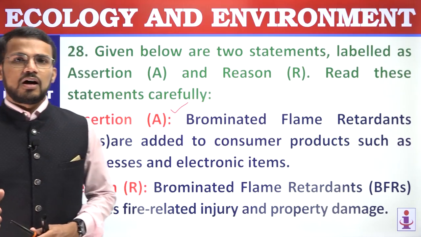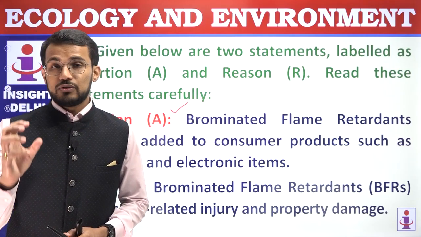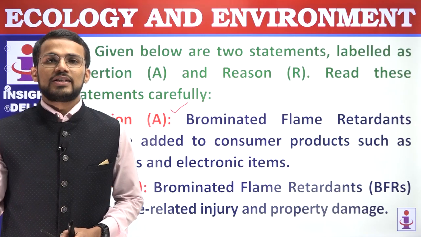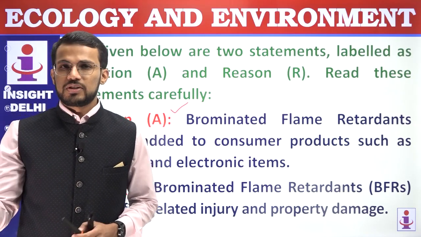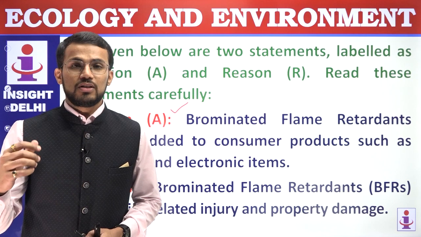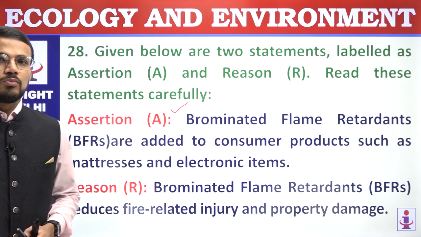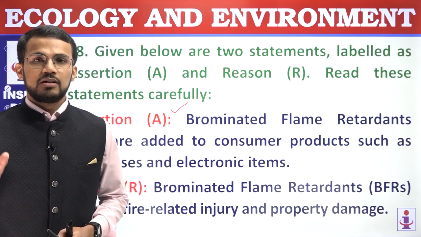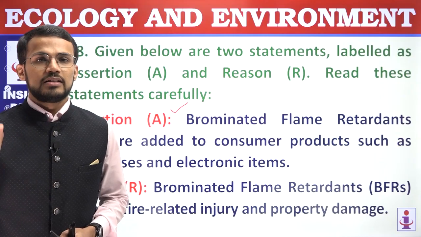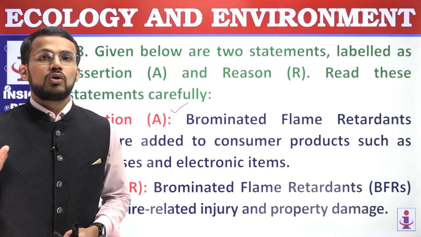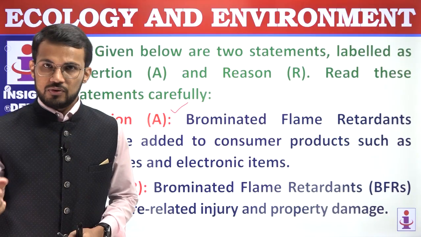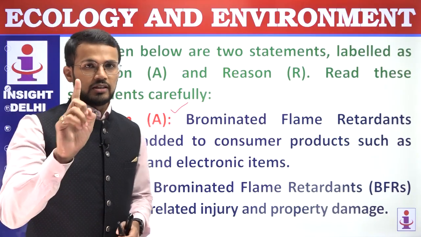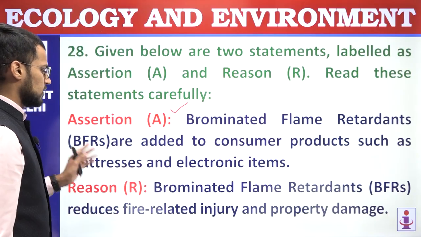Brominated flame retardants are used in mattresses as well as the electronic gadgets that we use like mobile phones, etc. So as a result of use of these brominated flame retardants, we can make sure that the products do not catch fire easily, right? So that's why they are used in these products. First statement, that's why is correct.